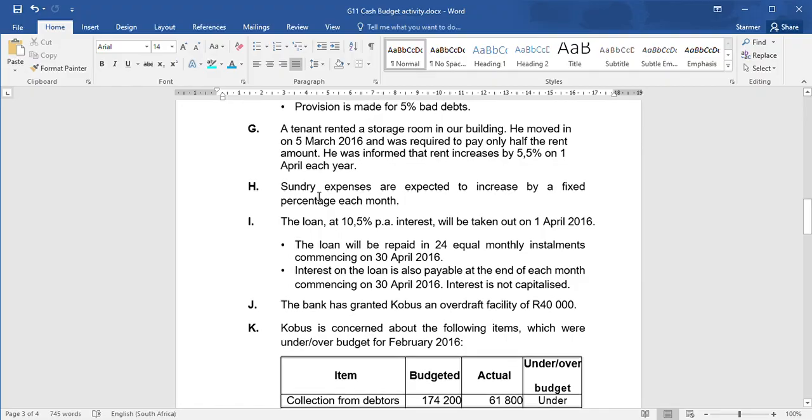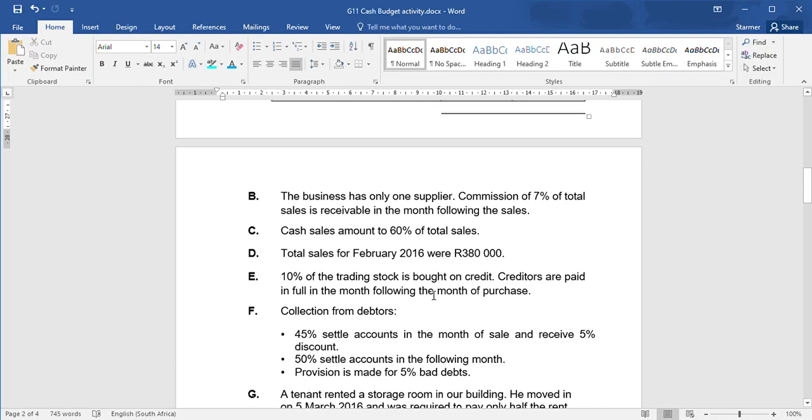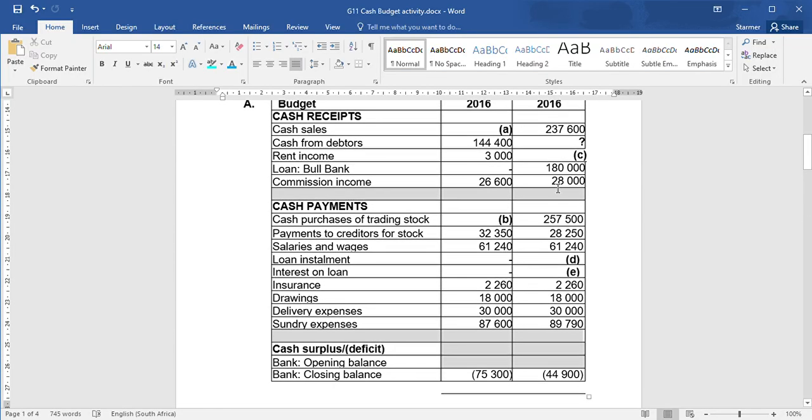The next one is the loan. The loan at 10.5% interest will be taken out on the 1st of April. It's going to be paid in 24 equal monthly installments starting on the 30th of April, and interest on loans is also payable at the end of April. So let's start with the payments of the loan. The loan that you're going to take out here is 180,000.